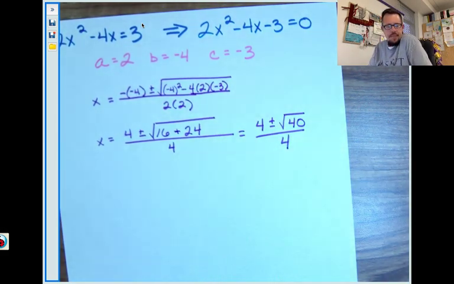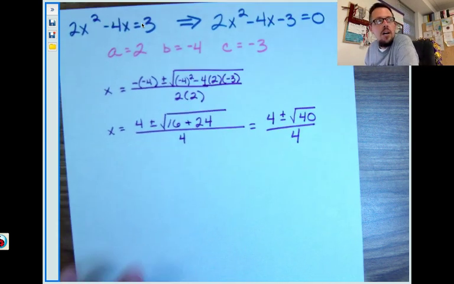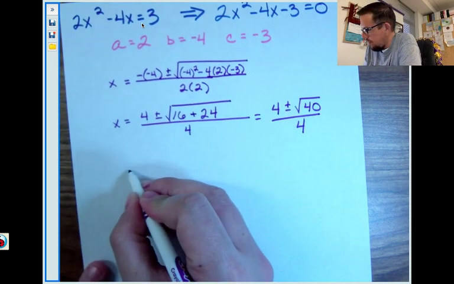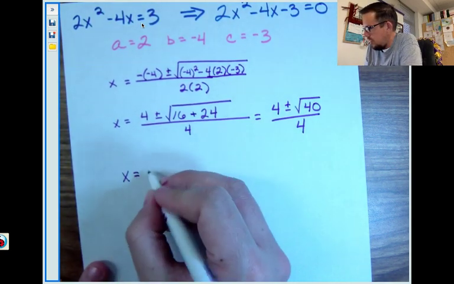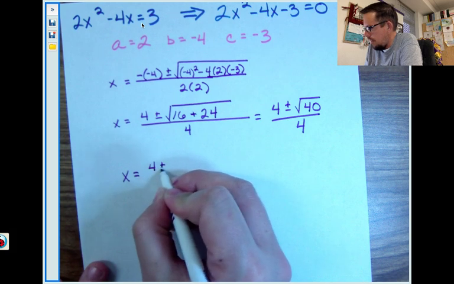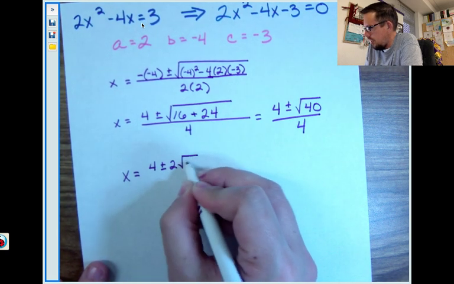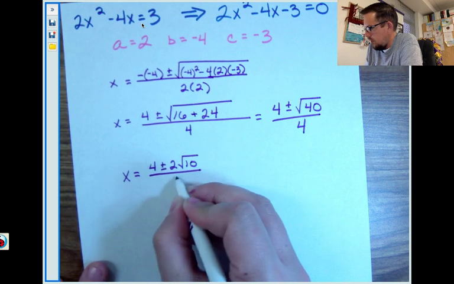Good. That seems great. Now, the square root of 40 is not a perfect square, but it could still be simplified. There's a perfect square hiding in there somewhere. What's the square root of 40? 2 root 10. So 4 plus or minus 2 root 10 over 4.